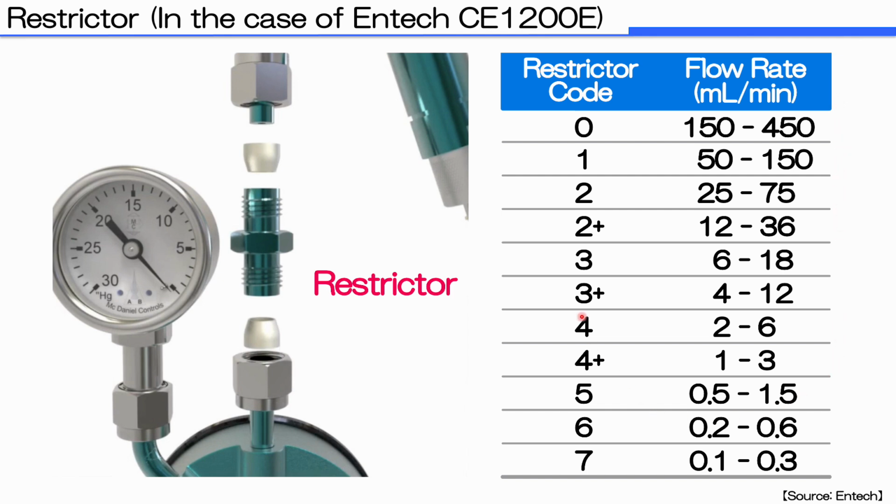As an example, I am showing you the flow controller restrictor from Antec Instruments. They have various restrictor codes, and you can change the flow rate depending on how fast or slow you want to set it up.